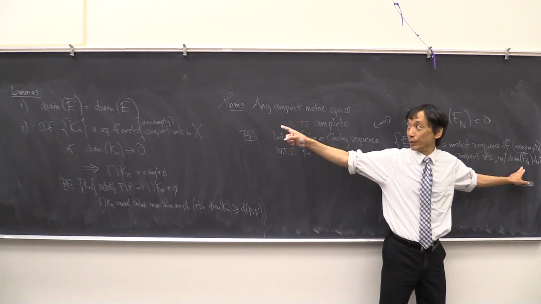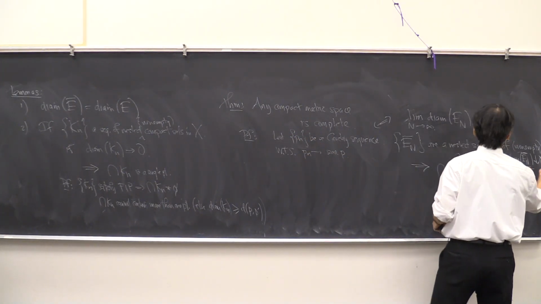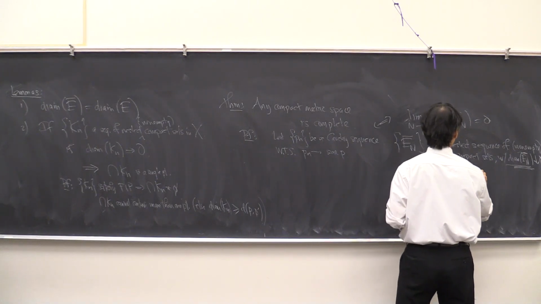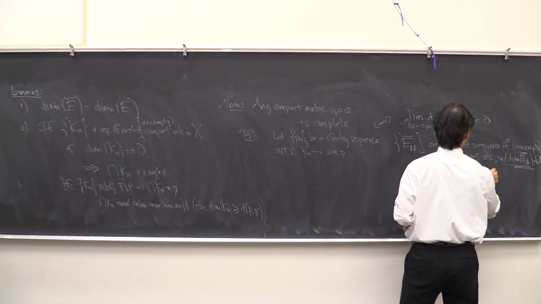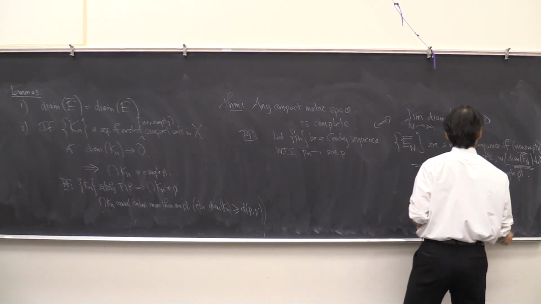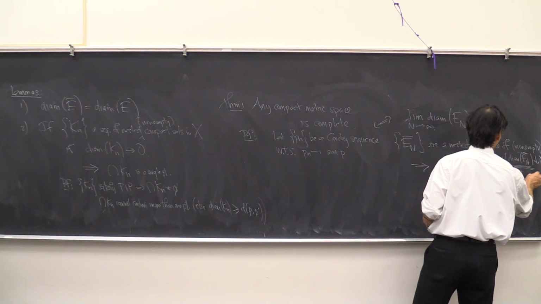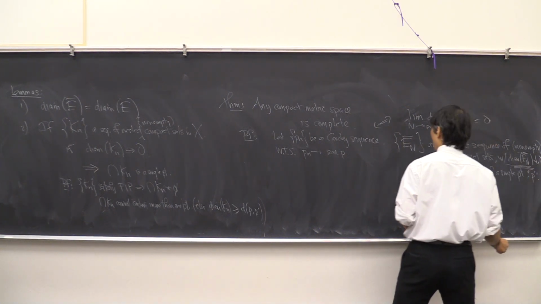So we do need that first fact: the diameters of the closures also go to 0. So the intersection consists of a single point, P.